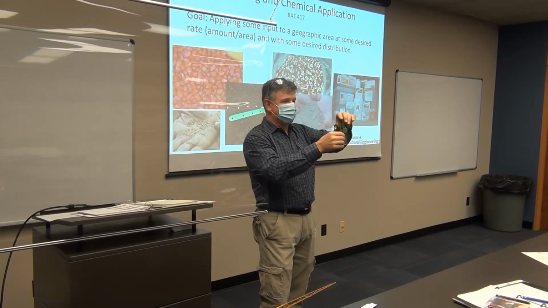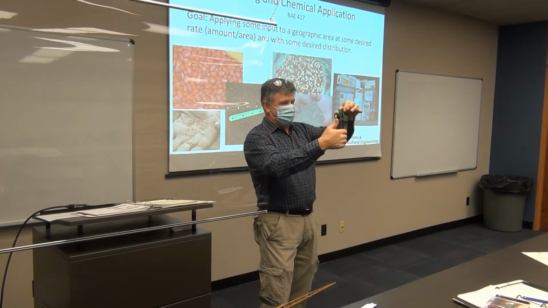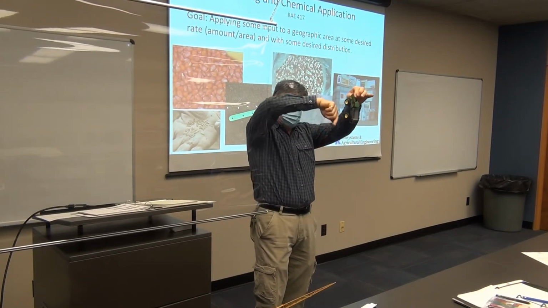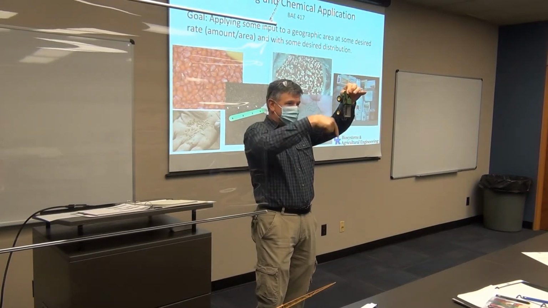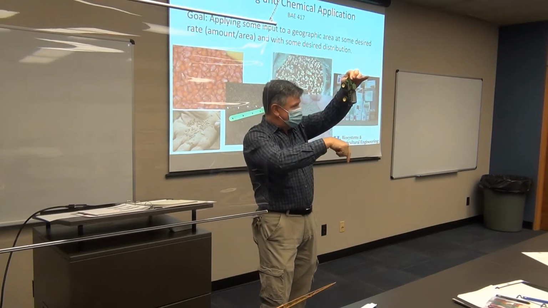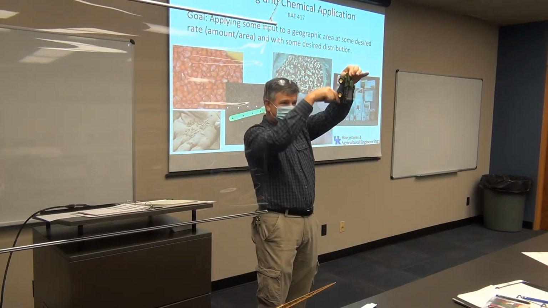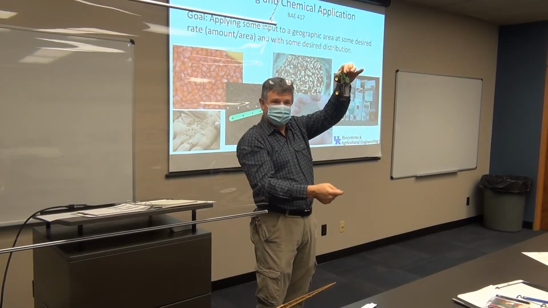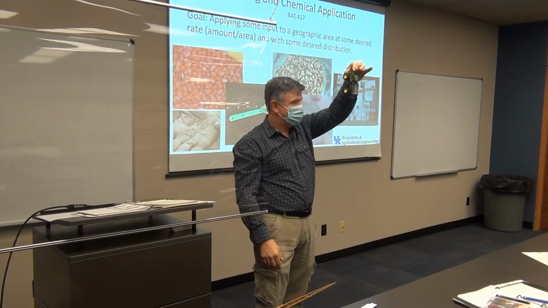But now think about that, it's kind of interesting. Because the material that's coming out is basically coming out as a fan. So some of the material goes out to the sides, some out the bottom, out both sides and stuff like that. So think about the material coming straight out the back. The machine's moving across the field and it's coming straight out the back. Some particles are flying further than others. Does that matter?